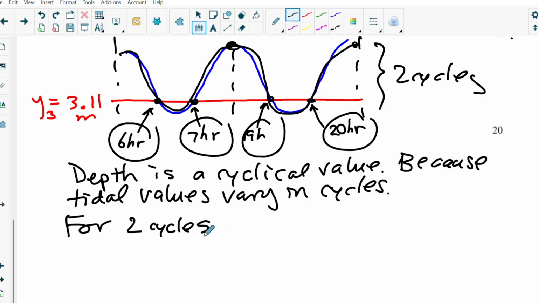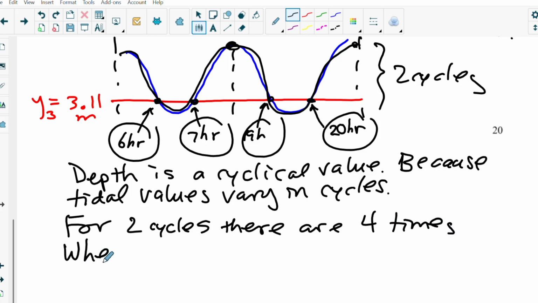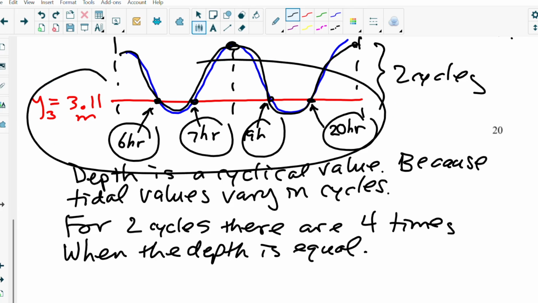For 2 cycles, there are exactly 4 times when the depth is equal. Okay, so it makes sense that I have 4 different times over 2 cycles that the depth is equal in this case, and that's what we calculated right there. Okay, all right.